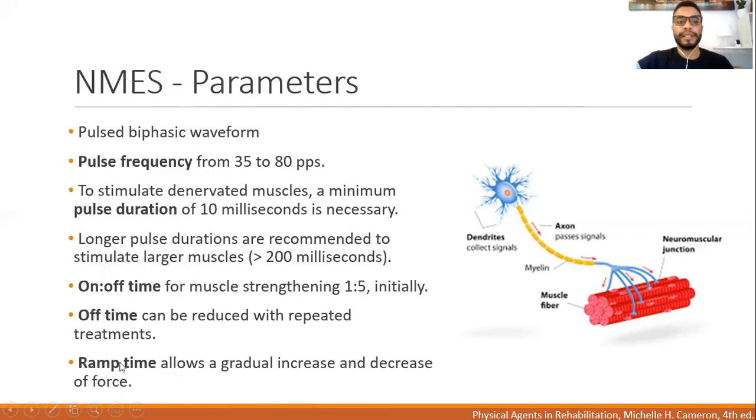This is important because it makes the current more comfortable for the patient, as it gradually increases and decreases. It's not increased abruptly in a way that would be uncomfortable.